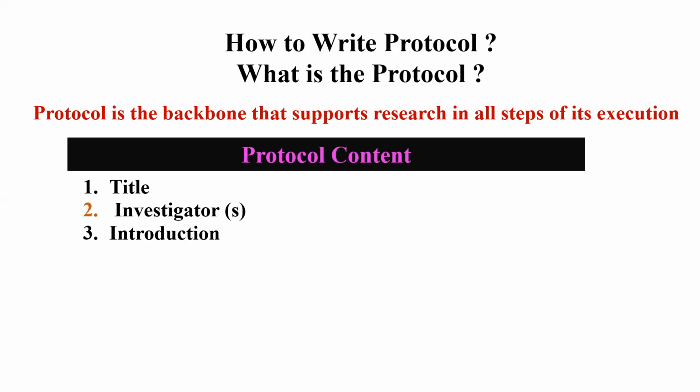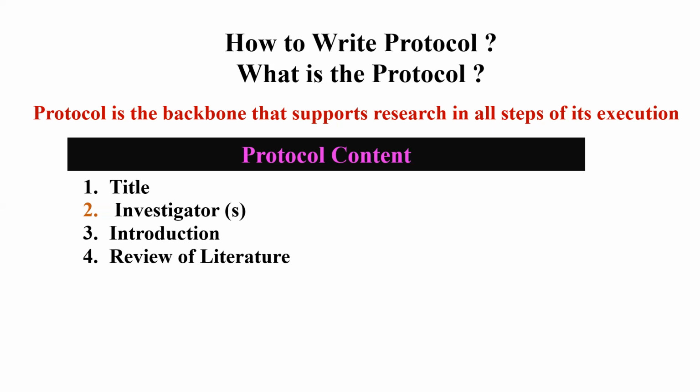In the introduction, we must write the identification of the problem area, background information, the gap in knowledge, and why it is important to fill this gap. These points must be under the introduction. Then we need to do the review of literature.